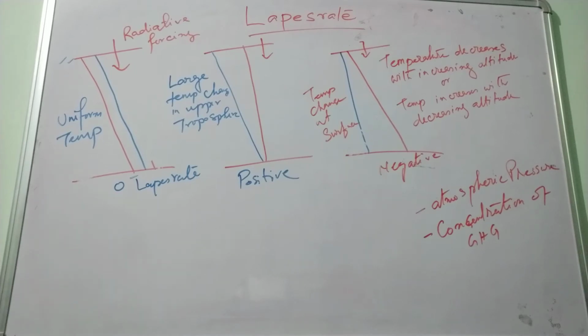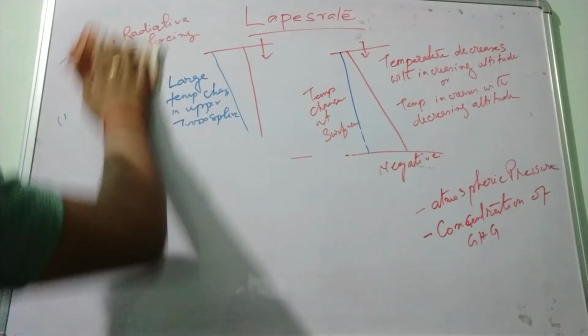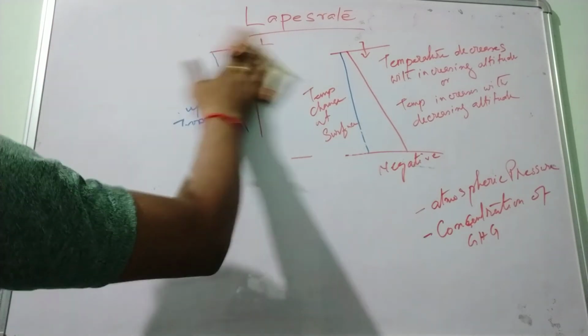So there are different types of lapse rate that we can observe in our environment.